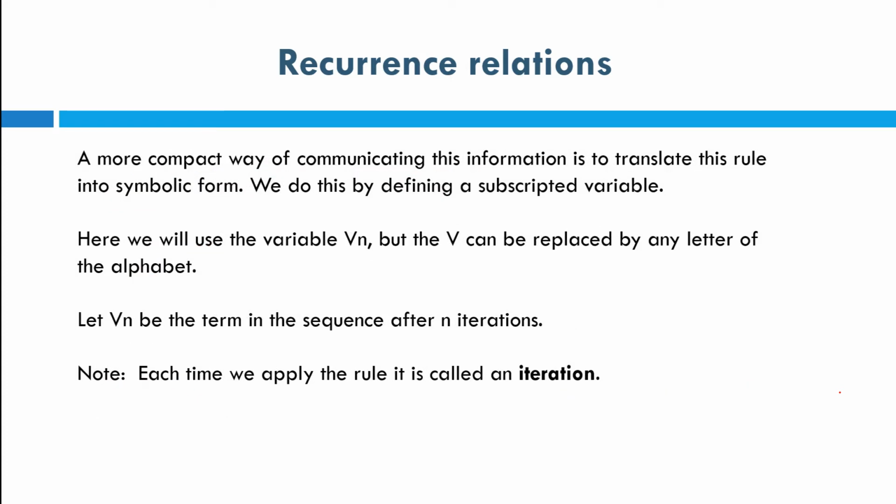A more compact way of communicating this information is to translate the rule into symbolic form. We do this by defining a subscripted variable. Here we use the variable vn.